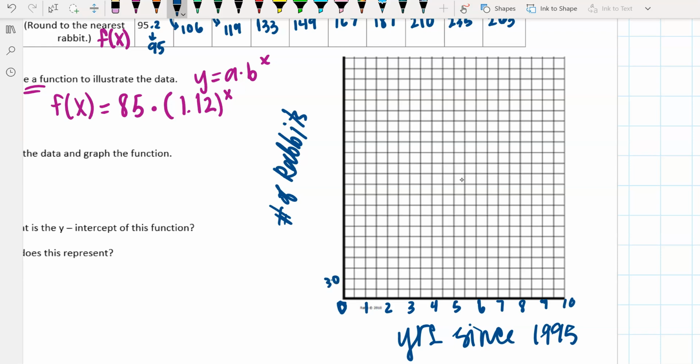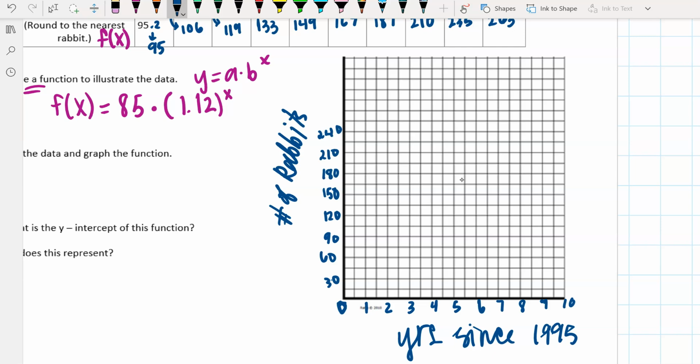So 30, another 2 lines, I have 60, 90, then I have 120, 150, 180, I've got 210, and 240. Okay, so it looks like it'll fit nicely. So now I just need to get started.